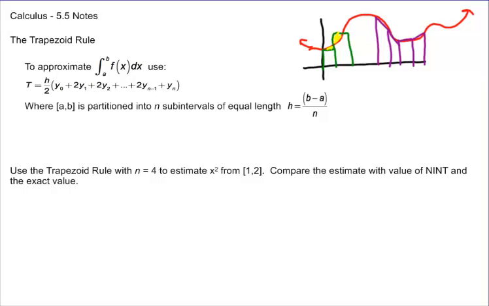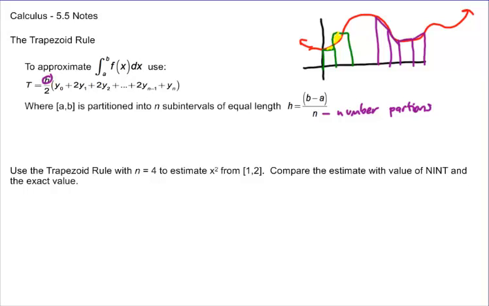What we do is we figure out h, okay? And h is where you stop minus where you start, divided by the number of intervals, partitions, trapezoids. So it's stop minus start.